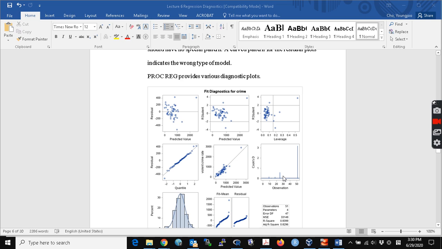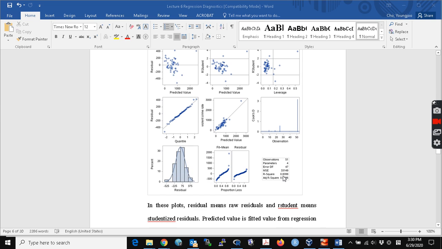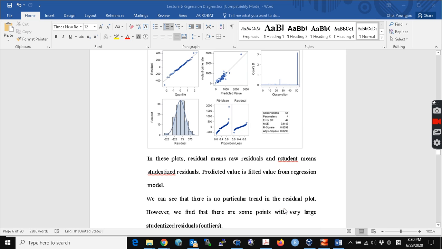If you run PROC REG, it provides various diagnostic plots. Here, residual means raw residuals, which is yi minus yi hat, where yi hat is the fitted value. RStudent means studentized residuals. Predicted value is the fitted value from the regression model.